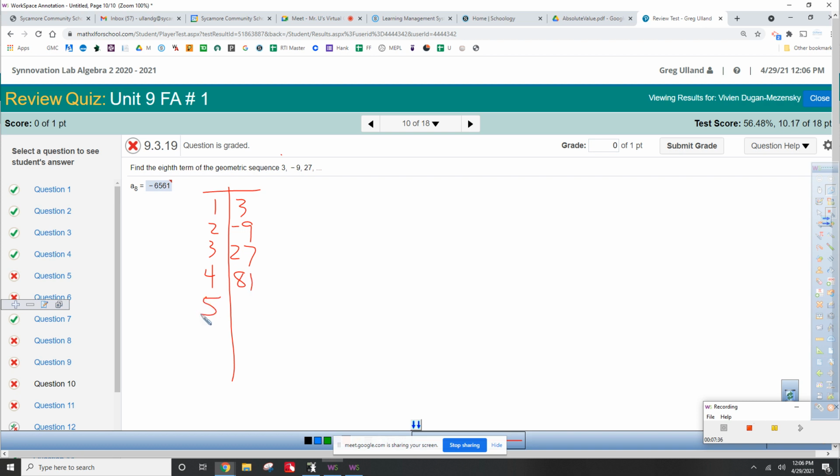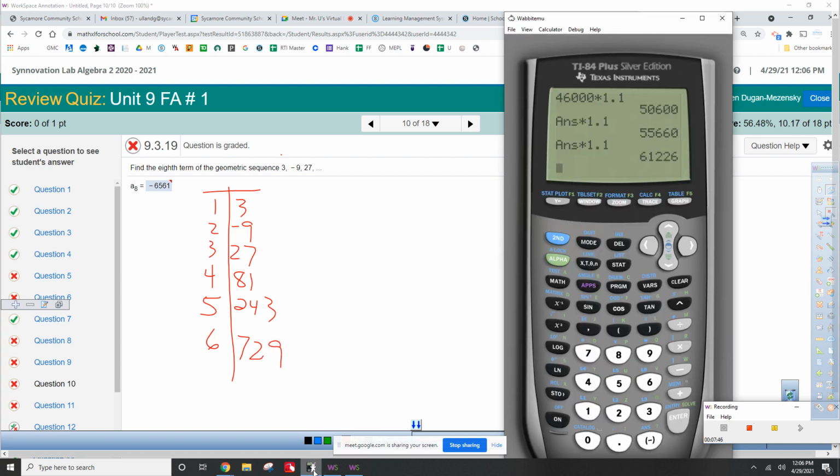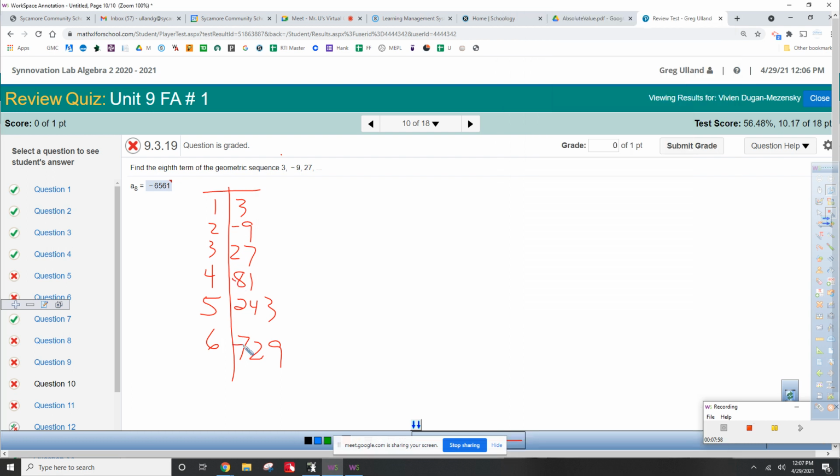Just do this in your calculator. 243. Let's start using the calculator. So we got this one is negative, and this one is negative.